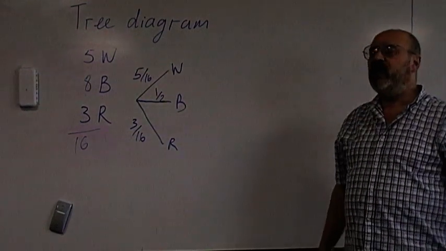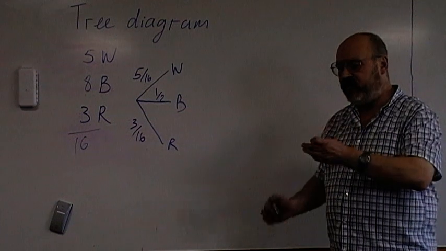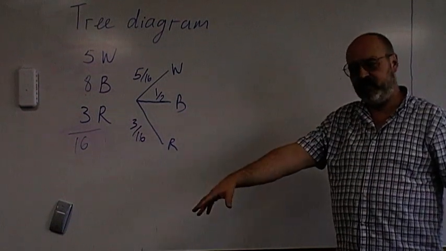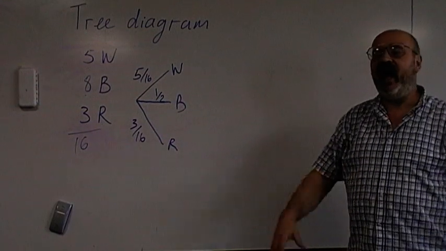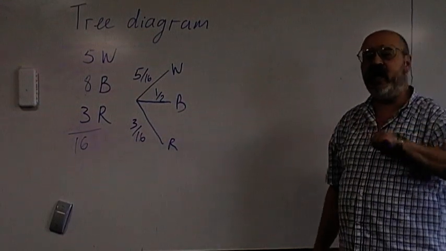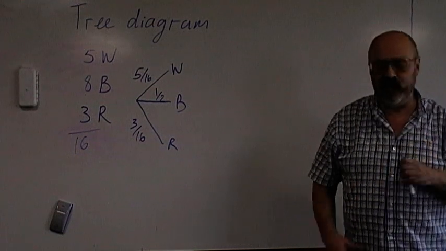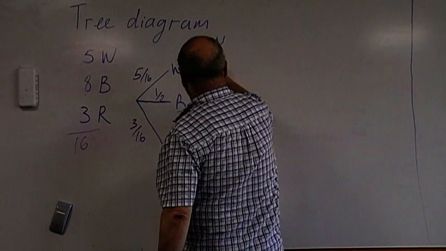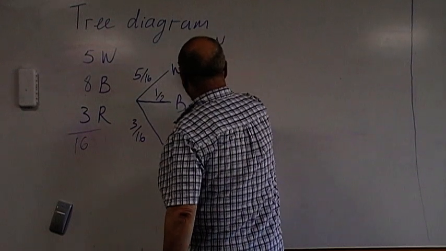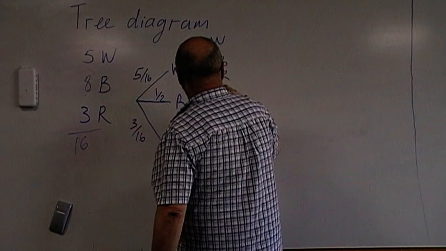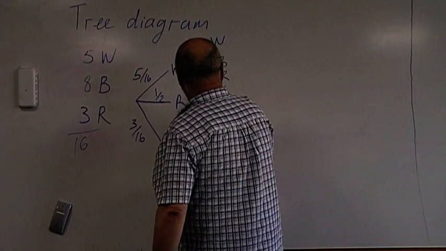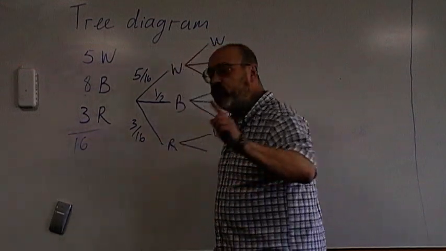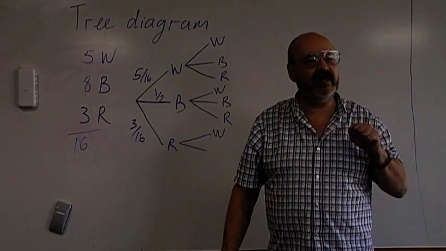Now, if he puts that sock back and takes another one at random, here again he can get white, black, and red. But you put it back, right? He put it back, so the probabilities remain the same.